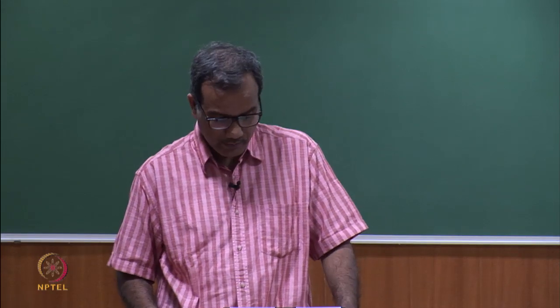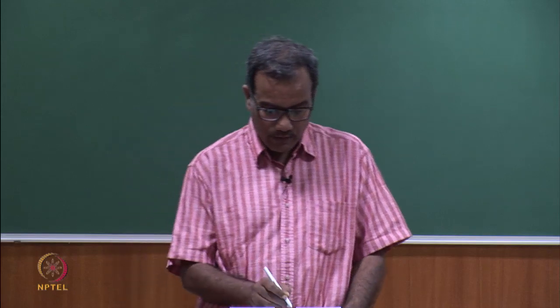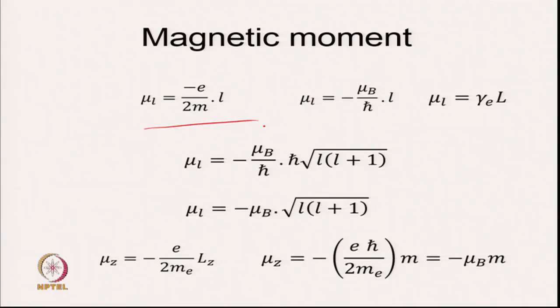So, that is what we derived: mu L is minus e by 2 m into L, where L is the orbital angular momentum, and this whole factor can be written as the gyromagnetic ratio of the electron. So, magnetic moment can also be written in this form. We already discussed how to write mu L in different notations.